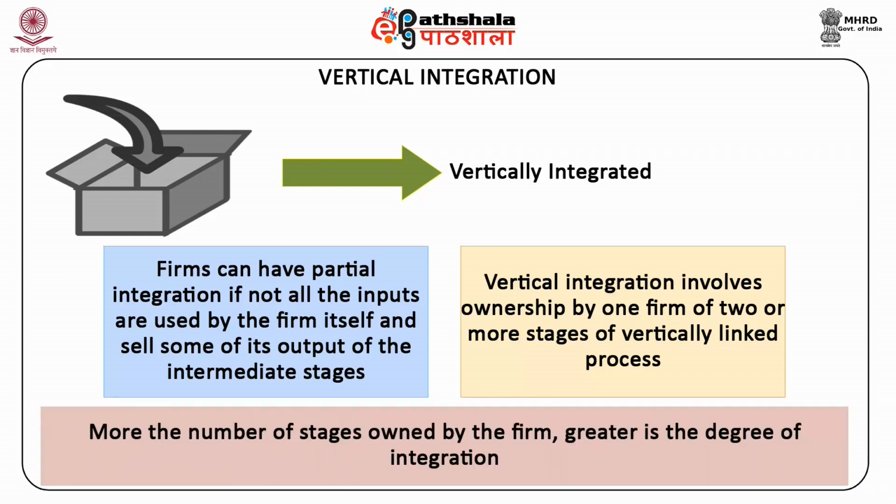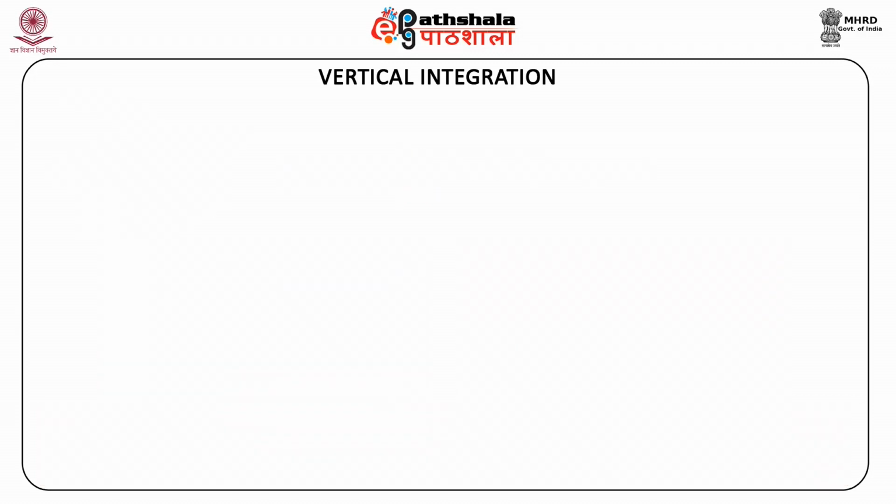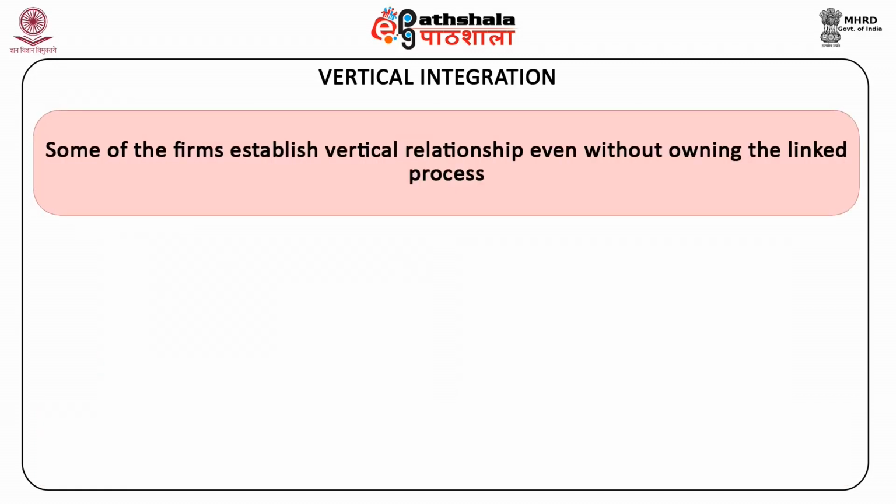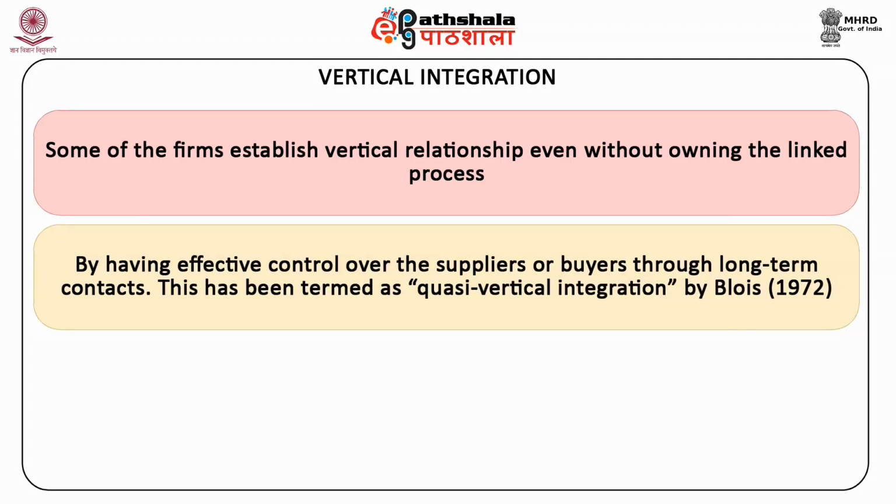The more stages owned by the firm, the greater is the degree of integration. Some firms establish vertical relationships even without owning the linked process. They do so by having effective control over the suppliers or buyers through long-term contracts. This has been termed quasi-vertical integration by Blois in 1972.